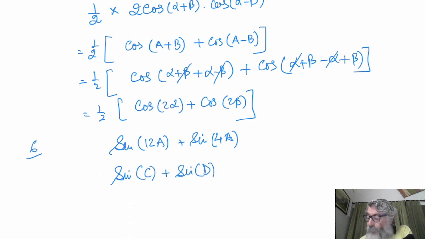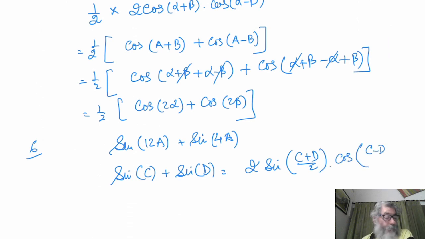Sine C plus sine D is equal to 2 sine (C plus D upon 2) and cos (C minus D upon 2). It will become what? 2 sine, C is 12A and D is 4A. 12A plus 4A is 16A, 16A divided by 2 will be 8A.